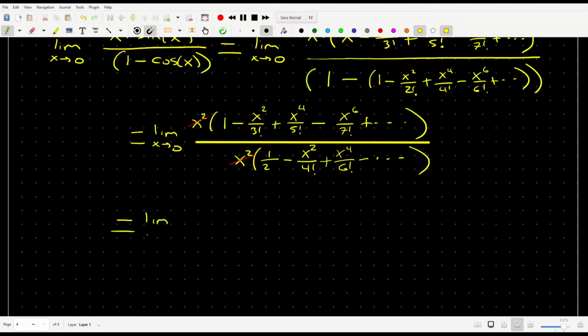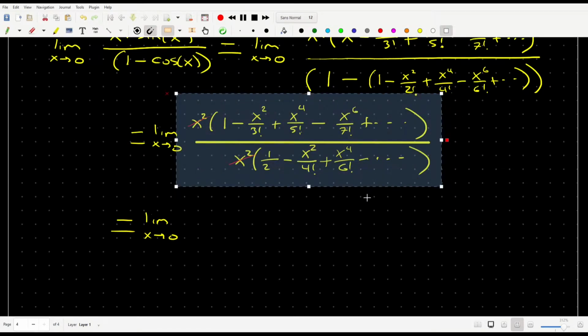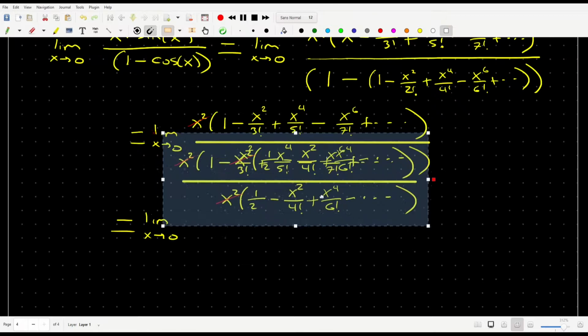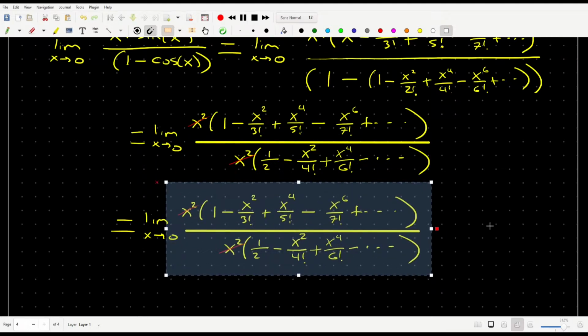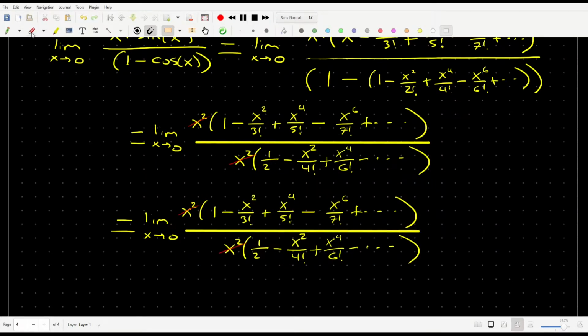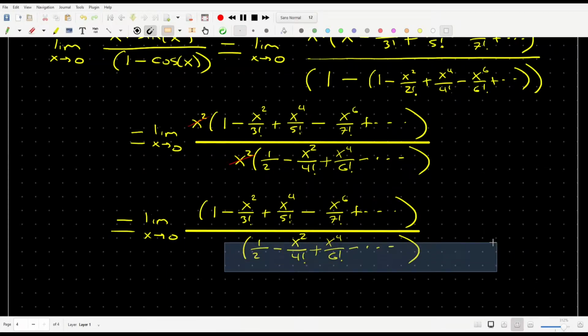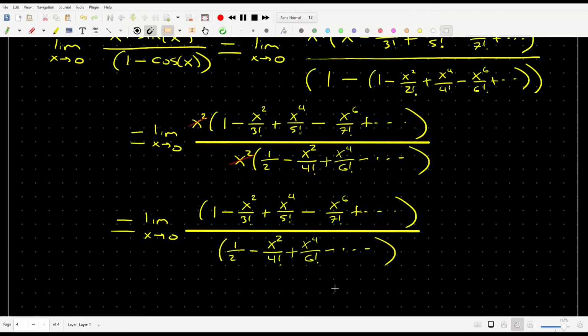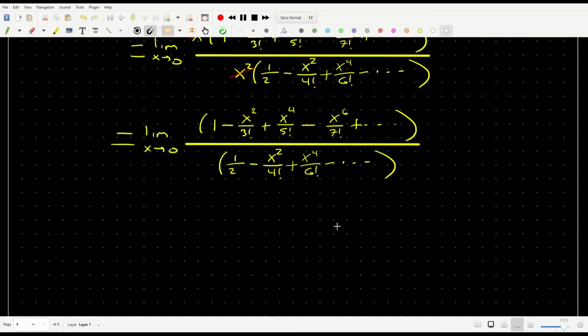And so this becomes the limit as x goes to 0 of this numerator divided by this denominator. And hopefully you can see the magic of what's happened here. The numerator limit and the denominator limit exist.